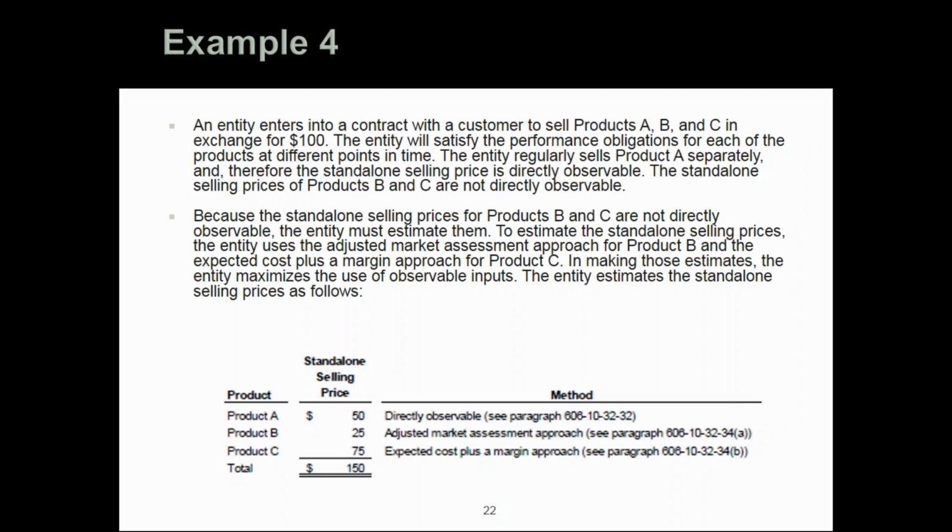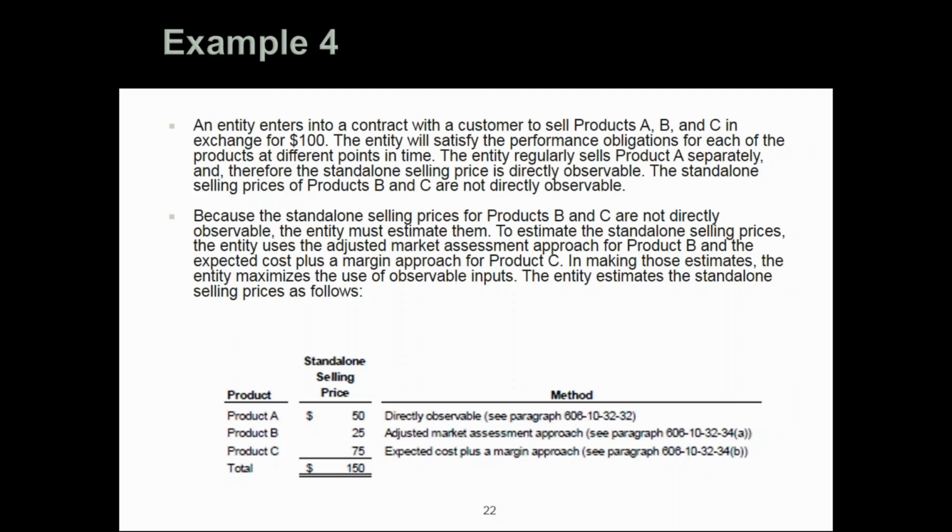The standalone selling prices of products B and C are not directly observable. So because the standalone selling prices for products B and C are not directly observable, the entity has to estimate them. To estimate the standalone selling prices, the entity is going to use the adjusted market assessment approach for product B and an expected cost plus margin approach for product C.